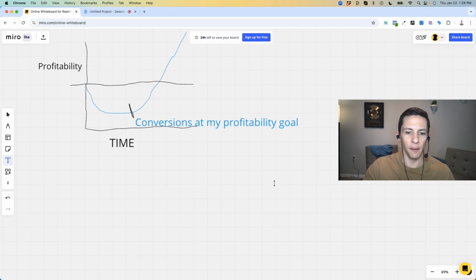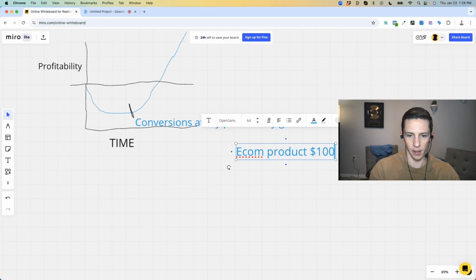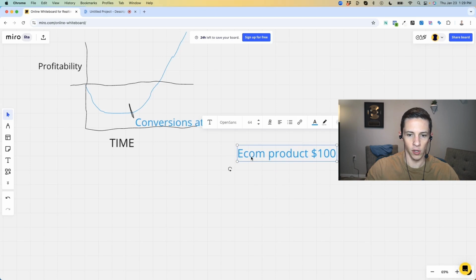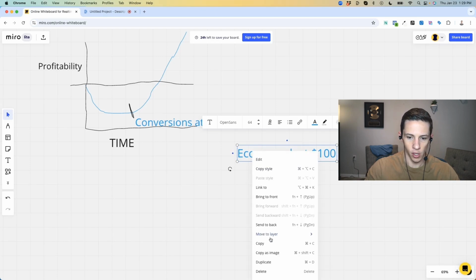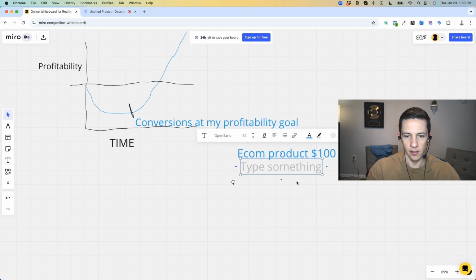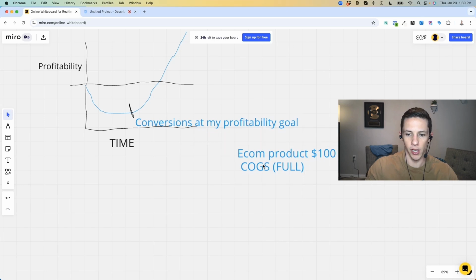All right, so let's put an example in here. Let's say that I've got an e-com product that retails for $100. And then my cost of goods to fulfill it, including my risk of warranties or defects. Let's say my full COGS, because you can break this out, and some people say you have to account for refunds and all.